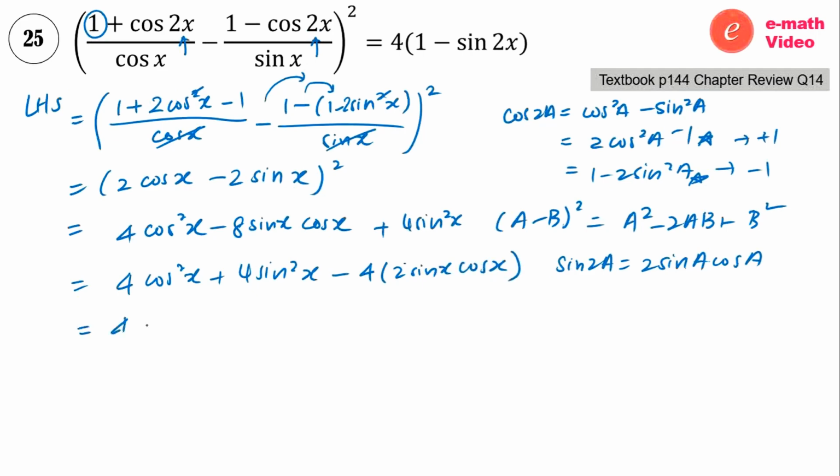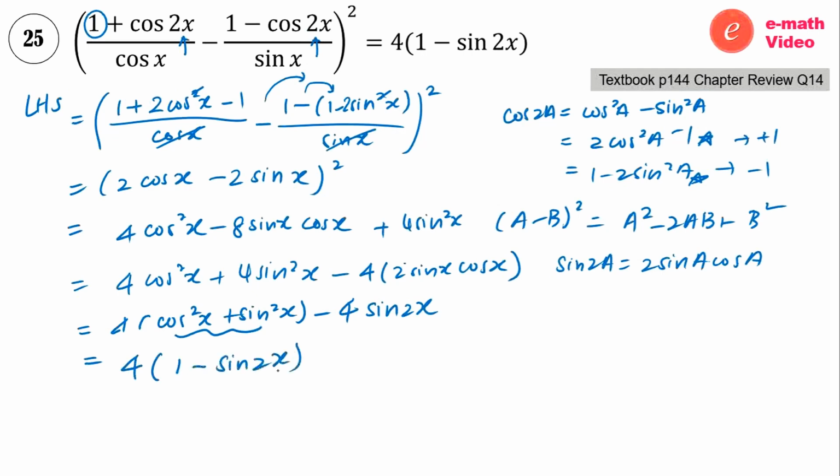We factor it out. Cos square x plus sine square x minus 4 times this one is just equals to sine 2x, equals to, this one we know that from basic identity is equals to 1, right? Factor out the 4, 1 minus sine 2x. Proven, right hand side.